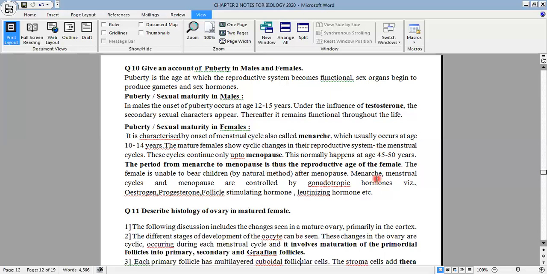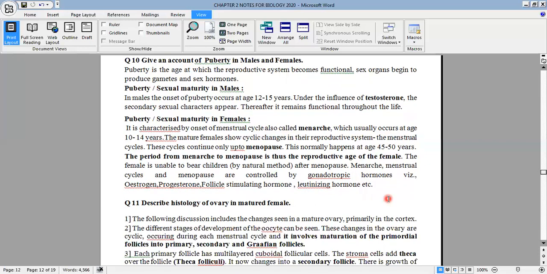So menarche, menstrual cycle, and menopause are controlled by gonadotropic hormones. And gonadotropic hormones are estrogen, progesterone, follicle stimulating hormone, luteinizing hormone, etc. So this is all about the puberty in males and females.